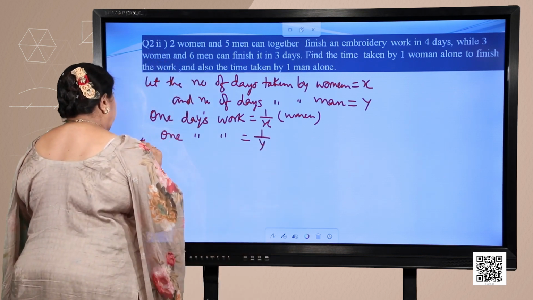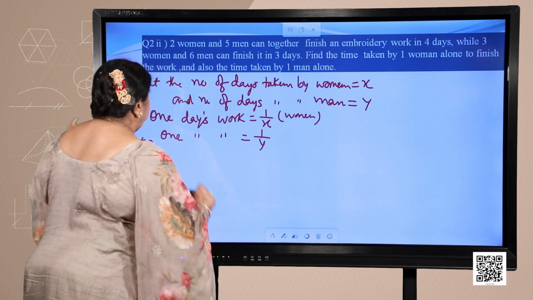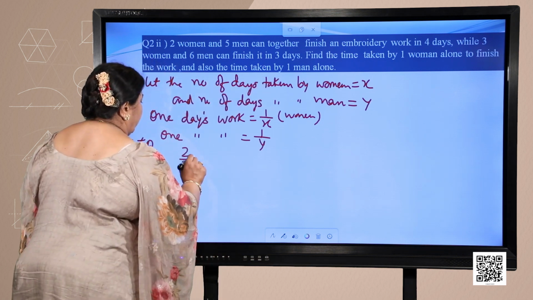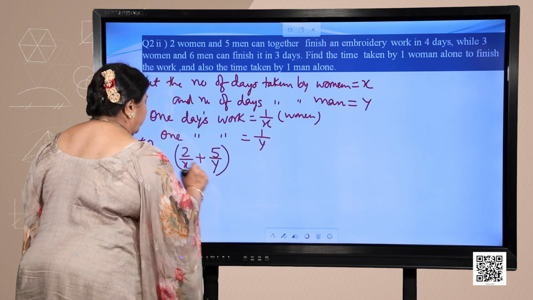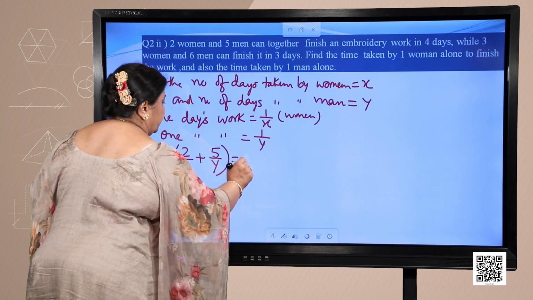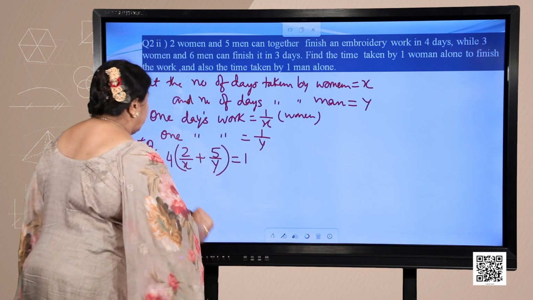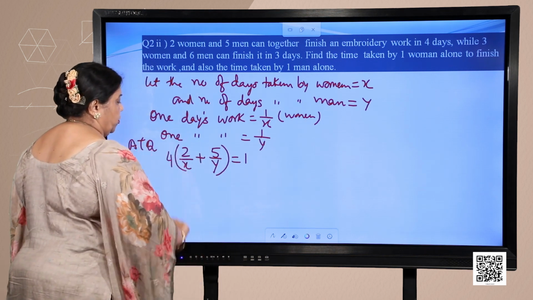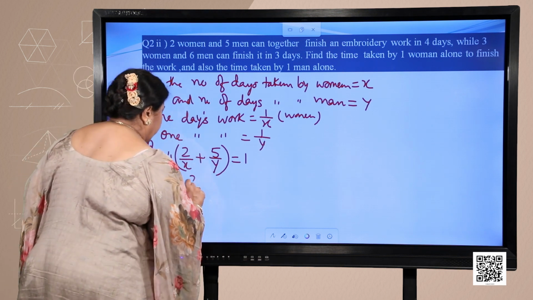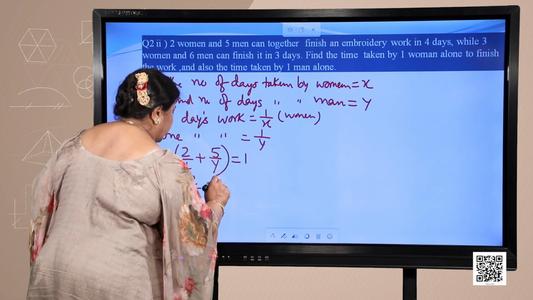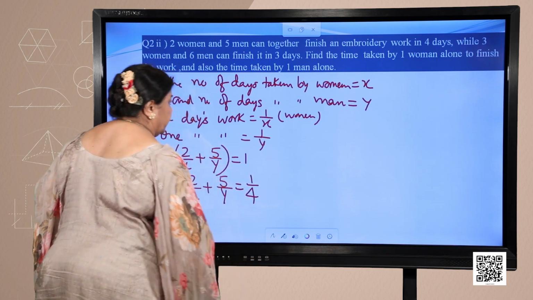Now, according to question, how many days they are taking? 4 days when 2 women and 5 men are involved, for 4 days they are able to complete the piece of work, that is embroidery work. So, we have here 4 into 2 upon x plus 5 upon y is equal to 1, or I can take 2 upon x plus 5 upon y is equal to 1 upon 4.